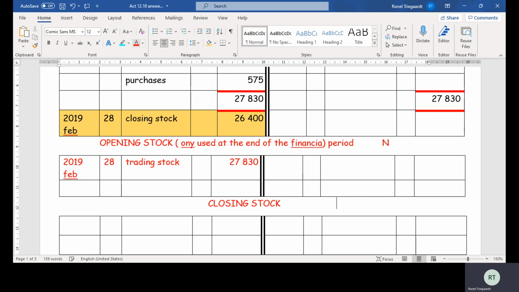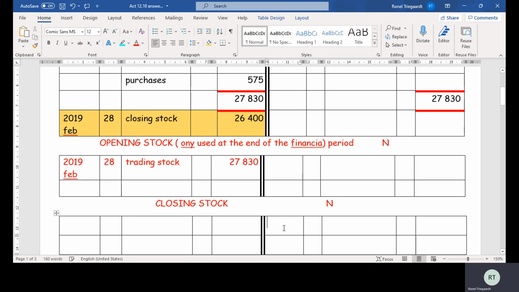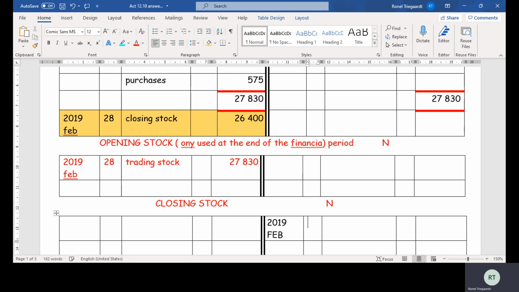Also nominal, because you're going to close this off to your trading account, and this date for closing stock is 2019 February the 28th. Where do you get this amount from? From your trading stock account, and the amount was 26,400. Can you see there's the double entry principle that was applied? Can you see this, people?